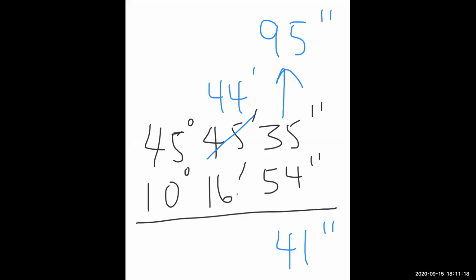I can subtract 16 from 44, and that is 28. And I can subtract 10 from 45, that's 35. So anytime you would result in a negative number, you have to borrow from the column to the left.